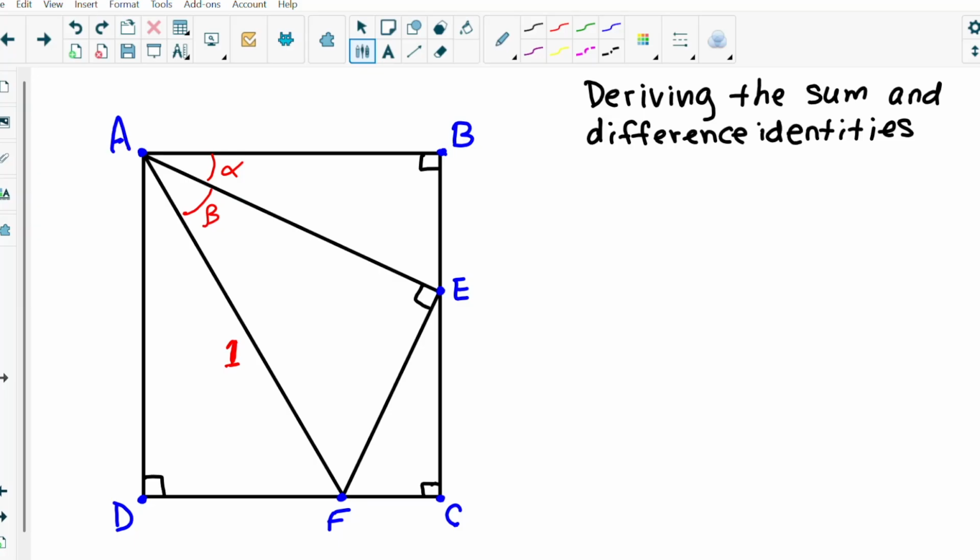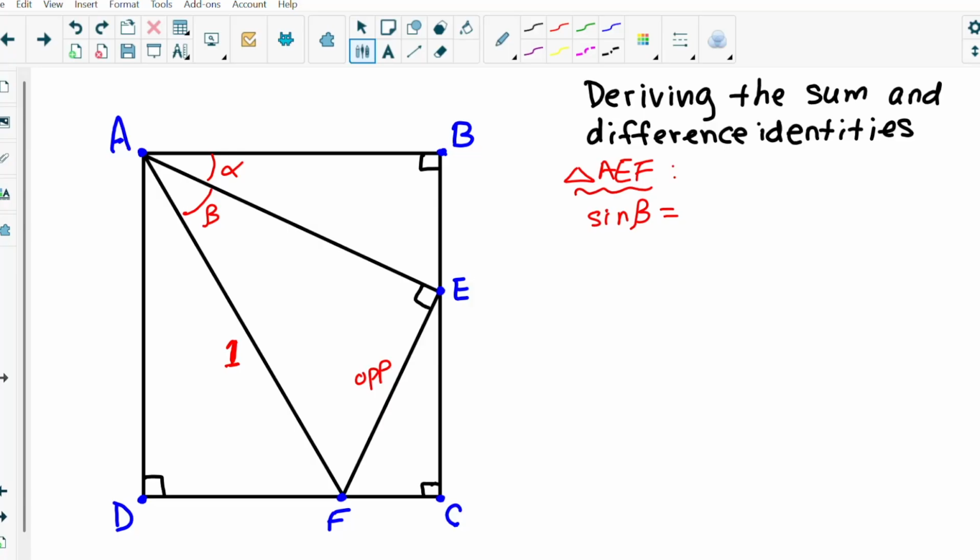All right, so using just basic right triangle trigonometry and some properties of angles, I'm going to derive sum and difference identities. So let's get started here. For triangle AEF, I'm going to take the sine of beta, and I'm looking at this opposite side.